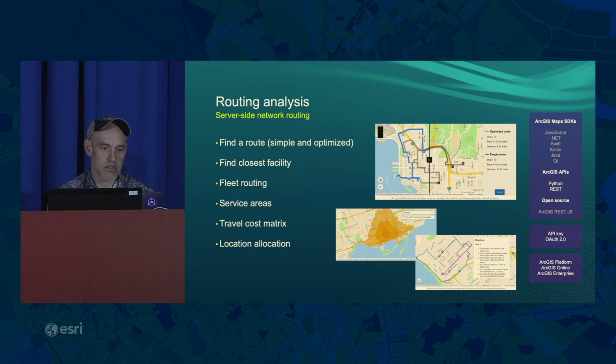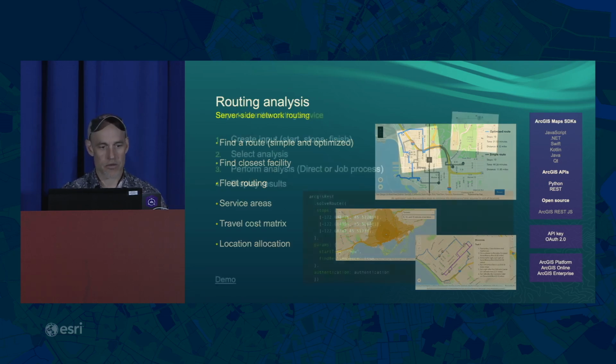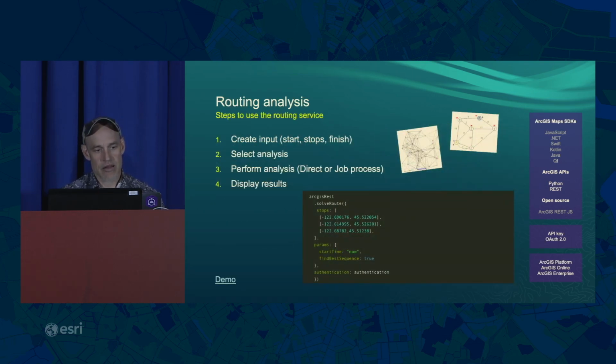And in this case, you're going to use the routing service. There is another option of using the spatial analysis service as well. That's a little bit of a different story, but there are two services that can perform some of these long job type processes. So again, 4 steps. We need some input, typically starts, stops, and finish location, the type of analysis you're going to perform, and then whether or not it's a direct or job process.